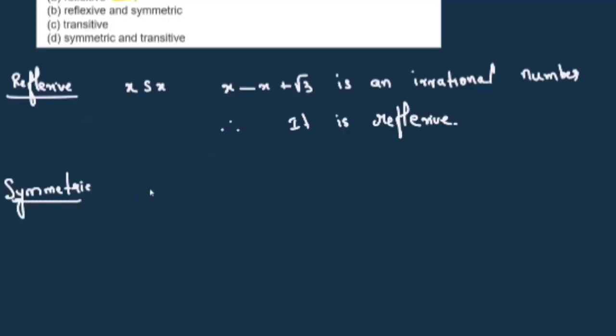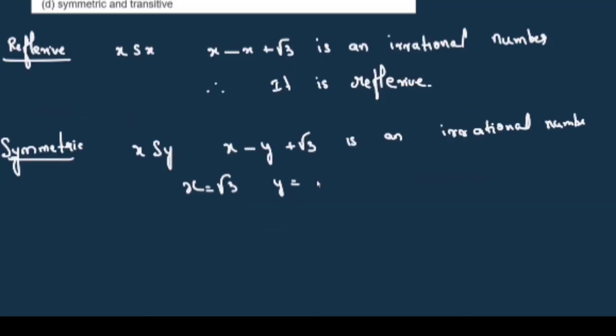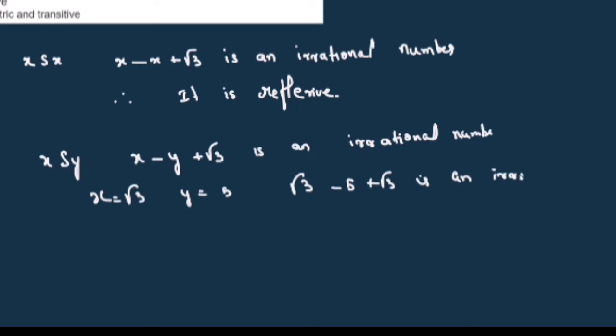Symmetric. Suppose x is related to y. That means x minus y plus root 3 is an irrational number. Take one example: x as root 3 and y as 5. Then root 3 minus 5 plus root 3 is an irrational number.